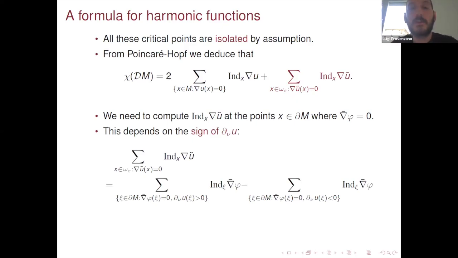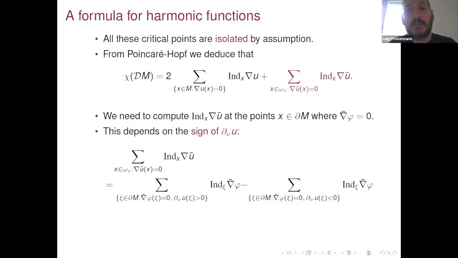And this depends only on the sign of the normal derivative of U at those critical points of phi. And it turns out that this index, the sum of the index of the gradient of U tilde at a critical point, is exactly equal to the index of the tangential gradient of phi in the critical points where the outer normal derivative is positive, and is minus its index where the outer normal derivative is negative.